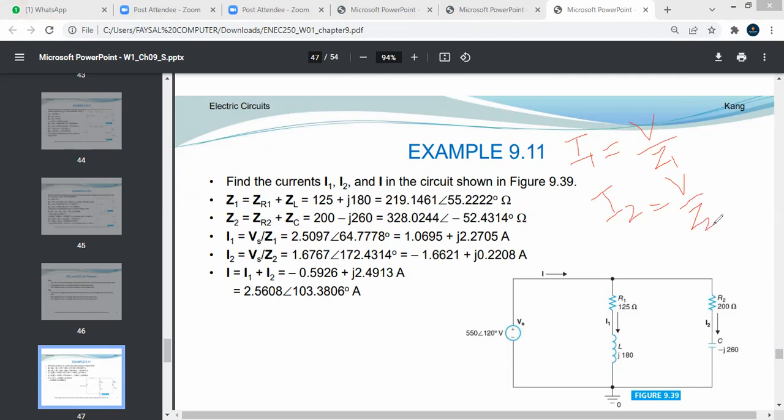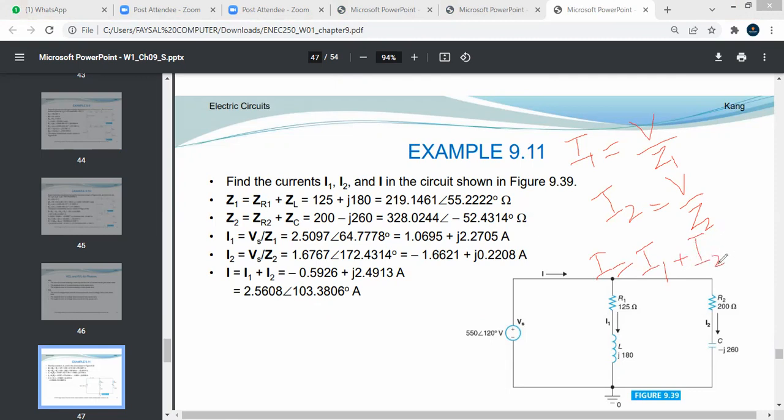So these are the two things I have to find, I1 and I2, and this is how I find them. Then I basically equals I1 plus I2. So at first you find Z1 and Z2, and then you compute I1 and I2.